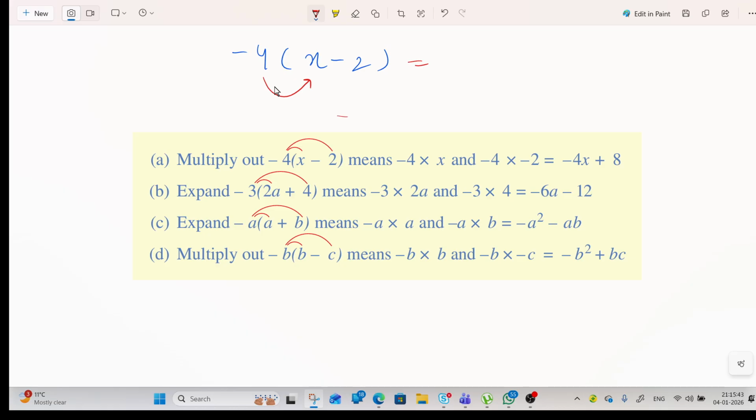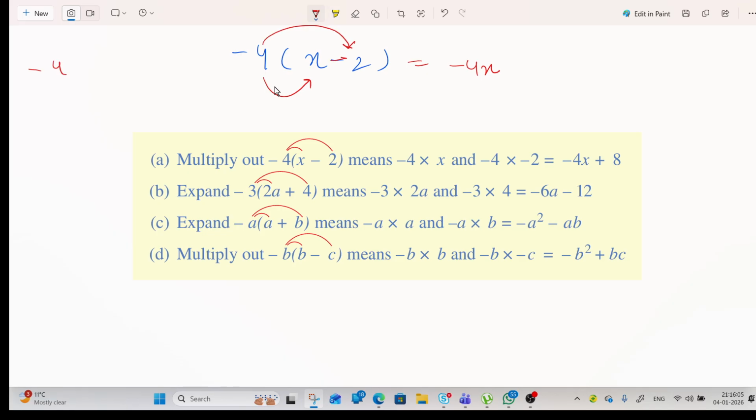When we multiply a negative number with a positive number, if signs are different, we get a negative answer, right? So negative 4 times x is going to be negative 4x. So first, when we multiply these two, we get negative 4x.